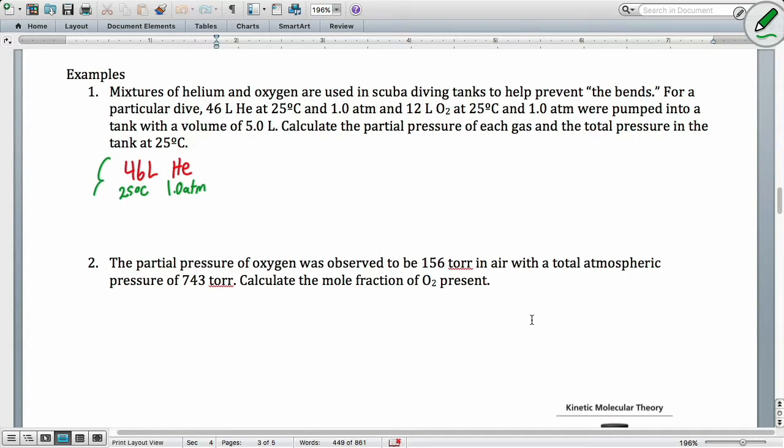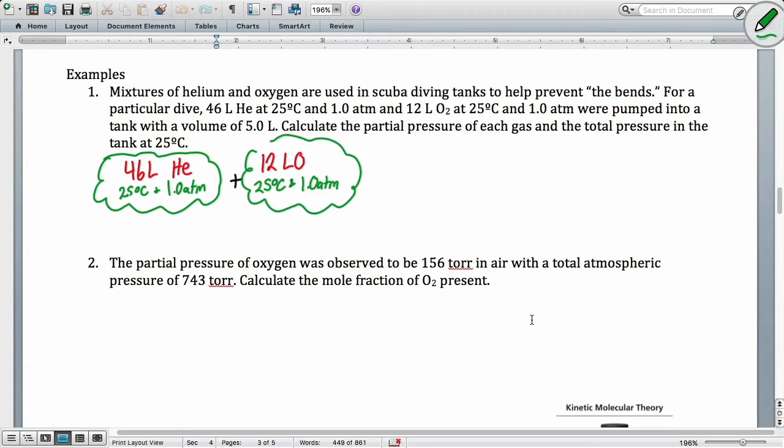Okay, so we have that gas. And then we also have that being added to 12 liters of oxygen, which is also at 25 degrees Celsius and 1 atmosphere. Okay, so there we have those gases.